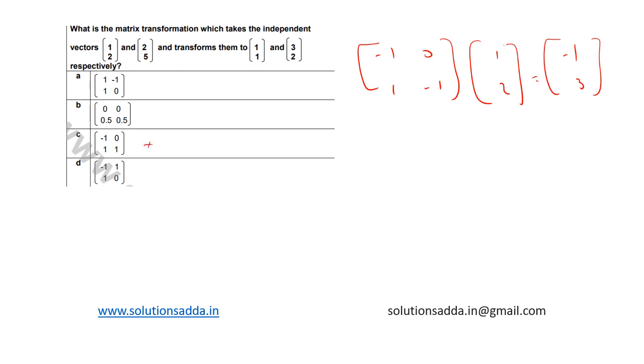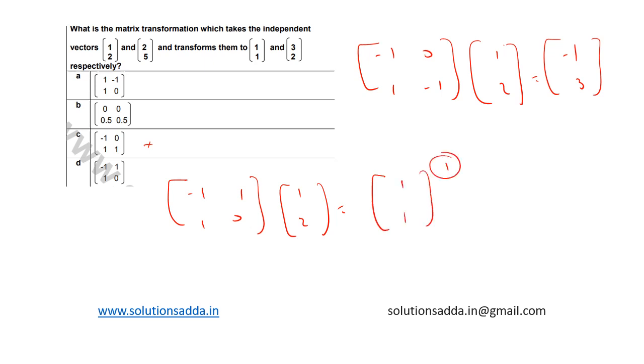Now let's see option D. We have minus 1, 1, 1, 0 and 1, 2. For this we will get 1, 1. Yes, this is the first transformation. Now the second transform vector we can get with minus 1, 1, 1, 0 and 2, 5.